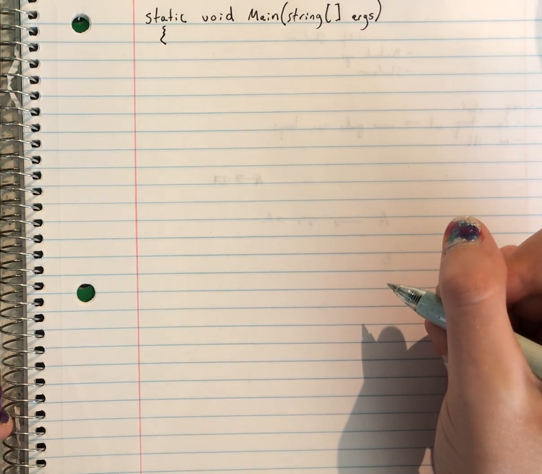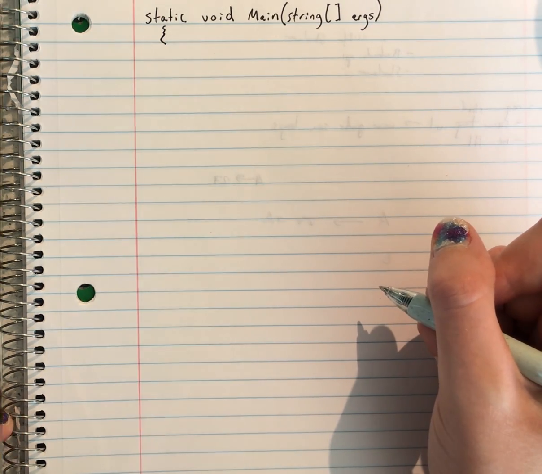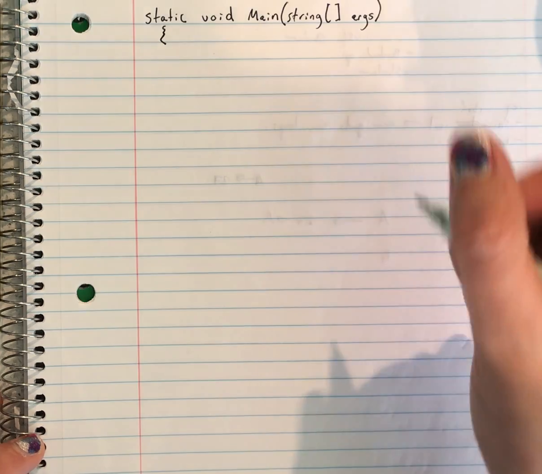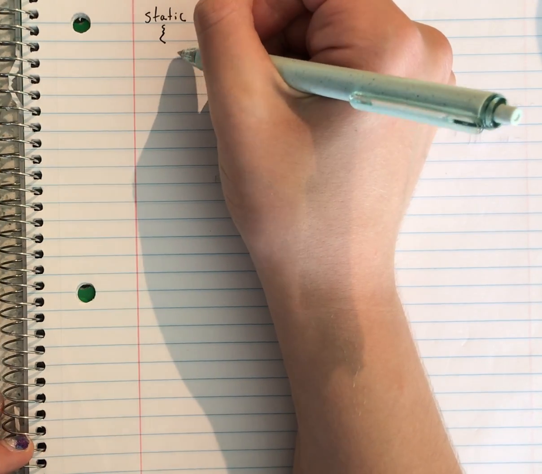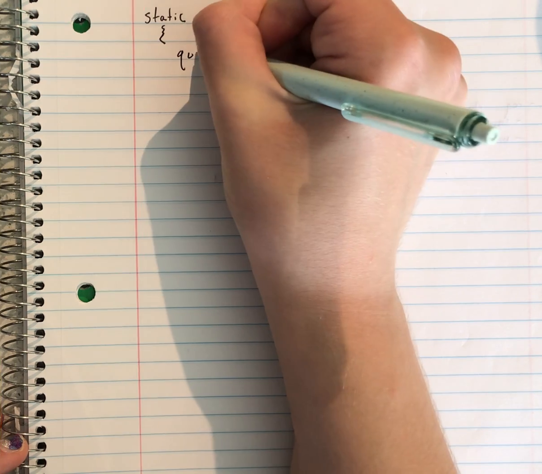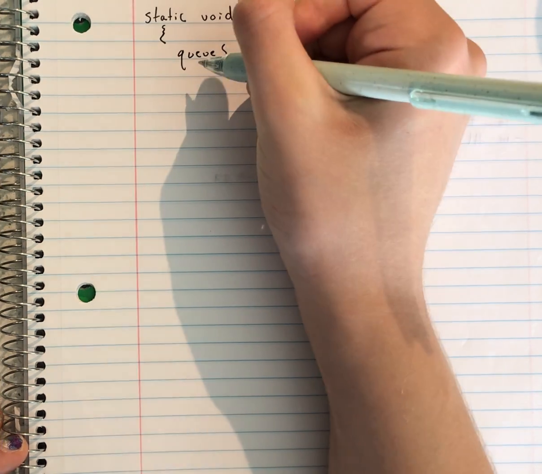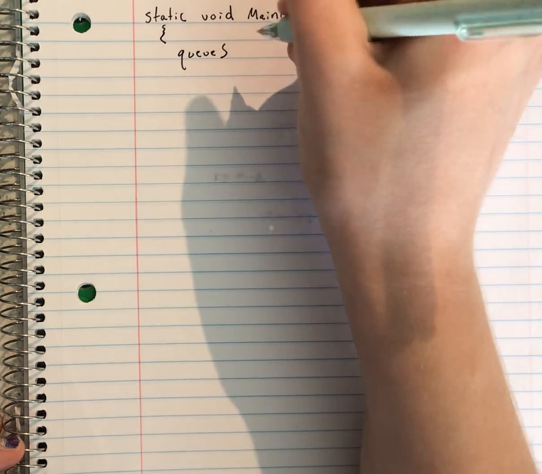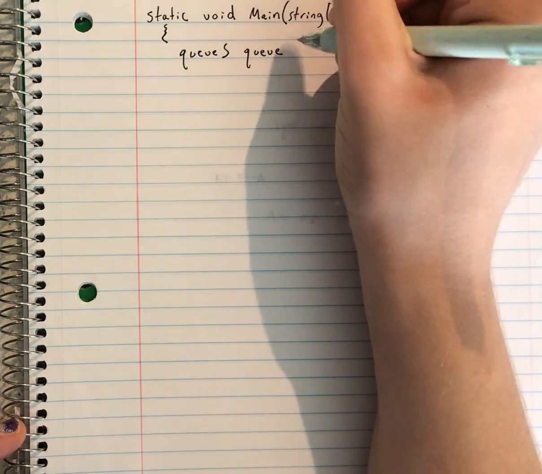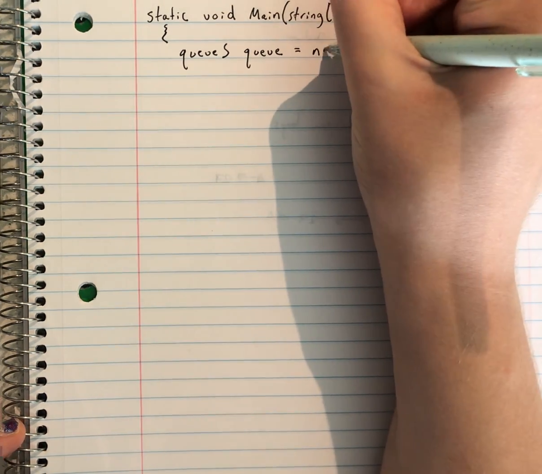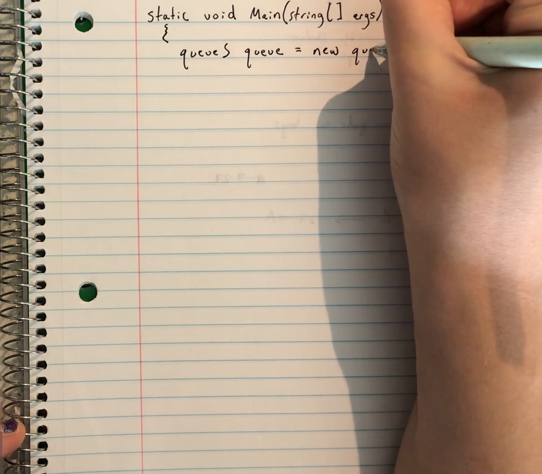Okay, so what we're going to do is initialize a new queue of class QS, because that's what we named our class we've been working on. We'll name it Q.